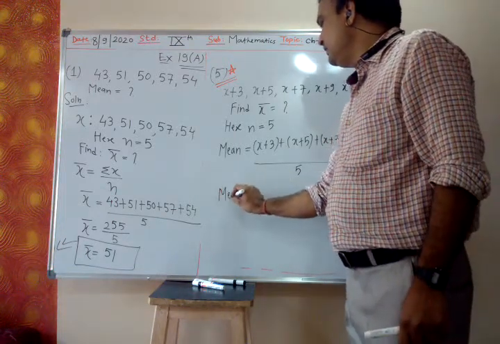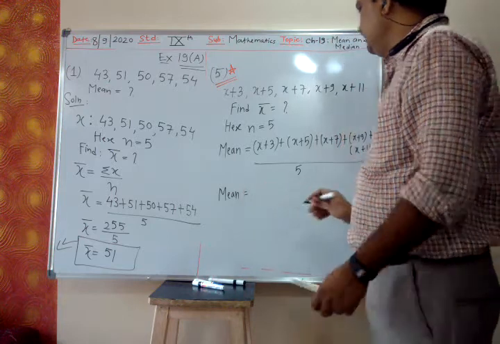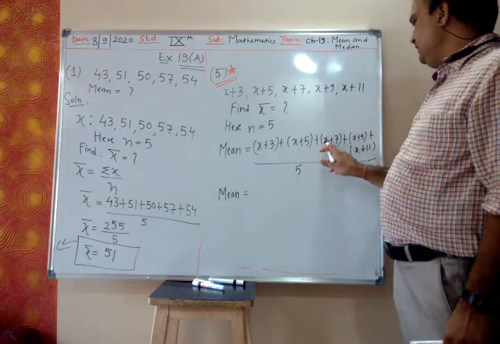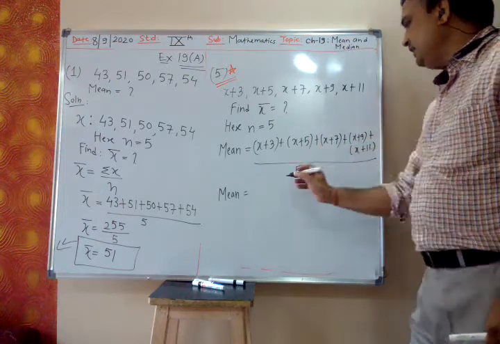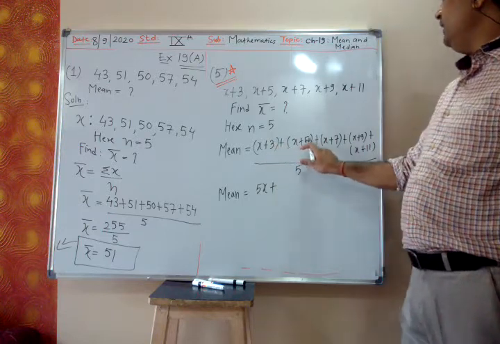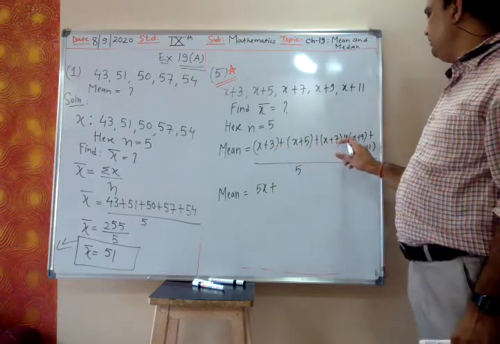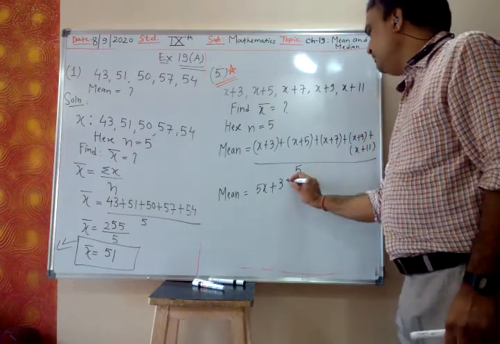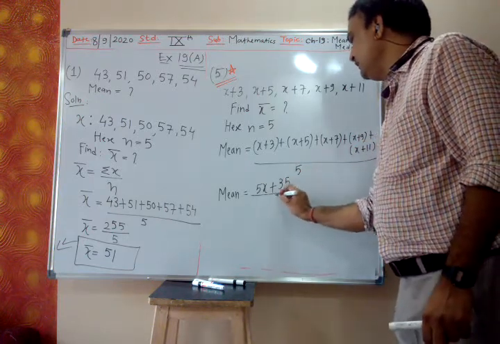So for the mean, you add x plus x plus x plus x plus x, that is 5x. Then we add the numbers: 3 plus 5 is 8, 8 plus 7 is 15, 15 plus 9 is 24, 24 plus 11 is 35. So 5x plus 35 divided by 5.